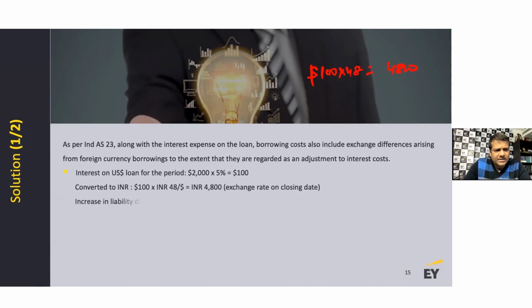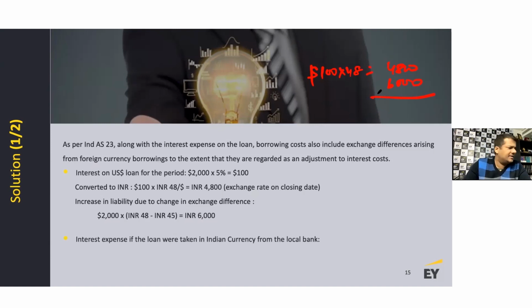And then there is an exchange loss, an increase in liability due to the change in exchange rate. That comes to $2,000 into 48 minus 45, which is 6,000. So the total cost is 6,000 plus 4,800, which is 10,800. Now, the interest expense if the loan were taken in local currency is 2,000 into 45 into 11%, which is 9,900.